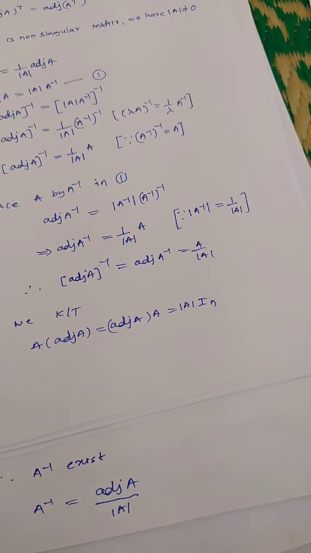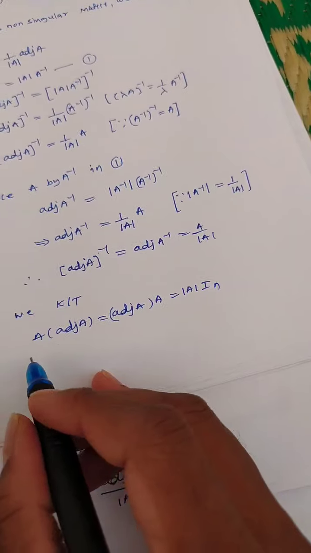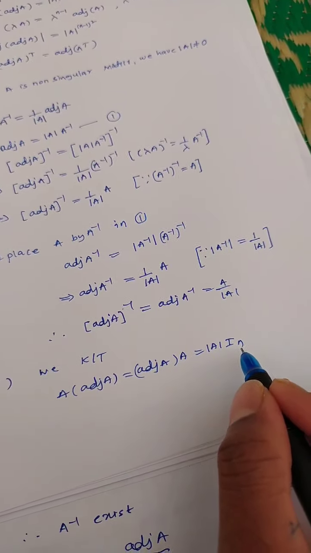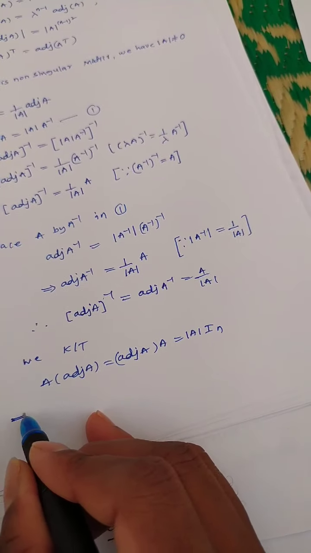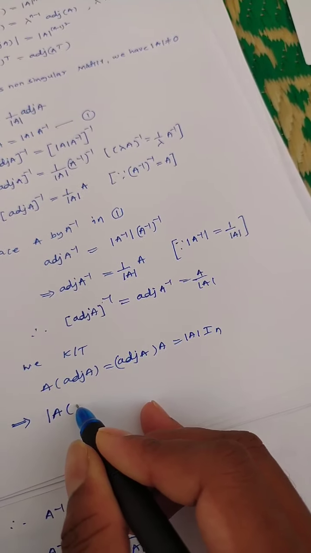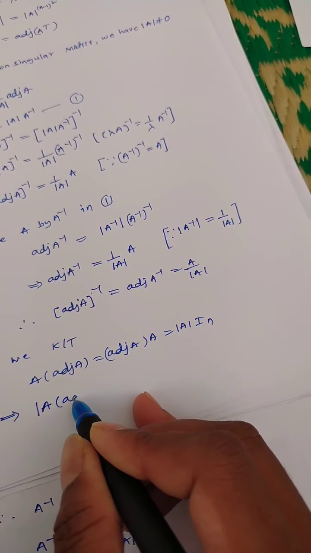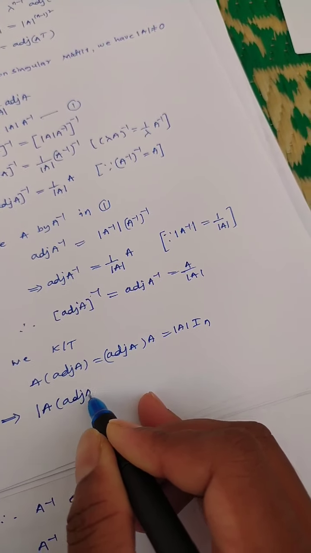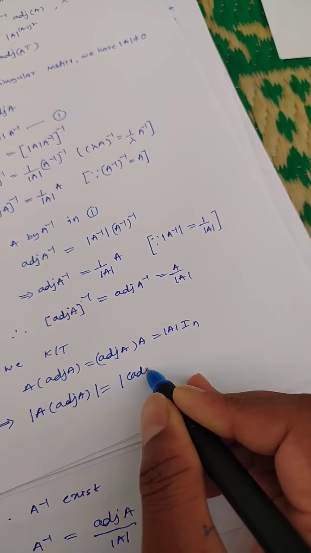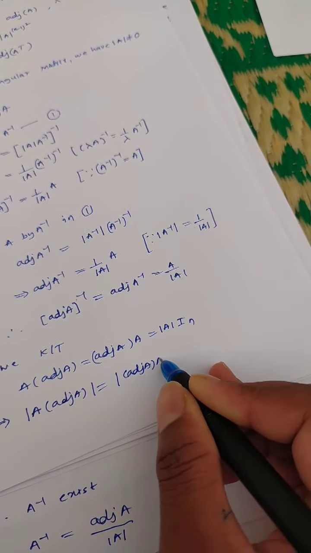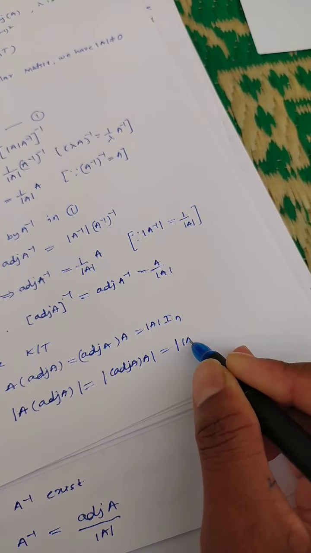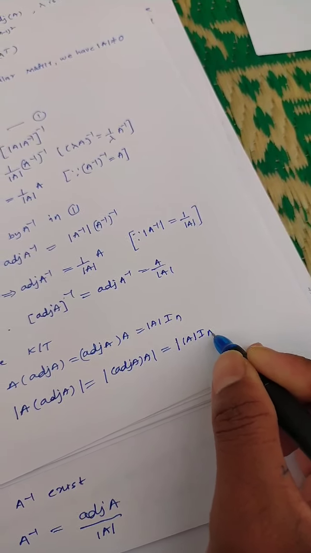By the previous theorem, we know this equality: A into adjoint A equal to det A into In. Now I am applying det on both sides. So det of A into adjoint A is equal to det of adjoint A into A is equal to det of det A into In.